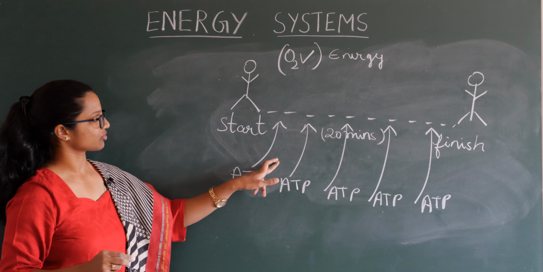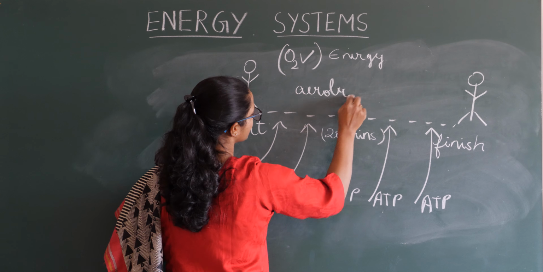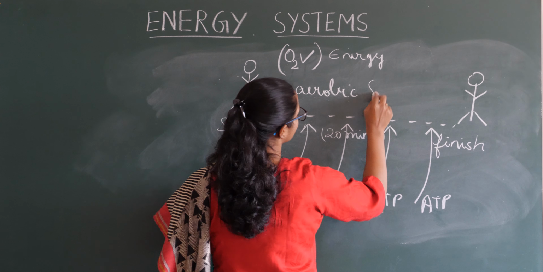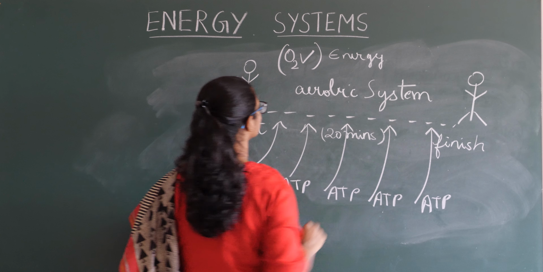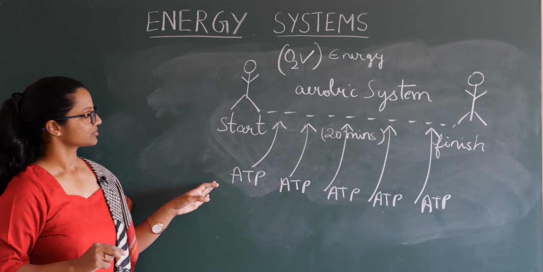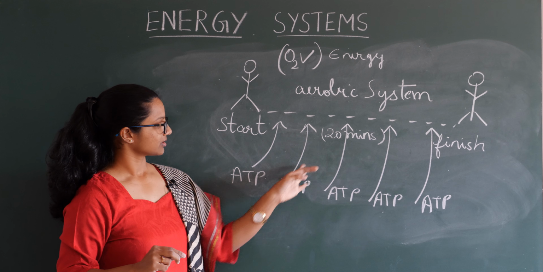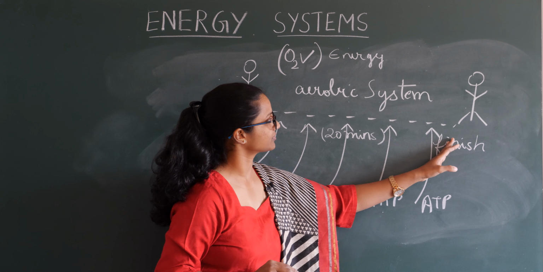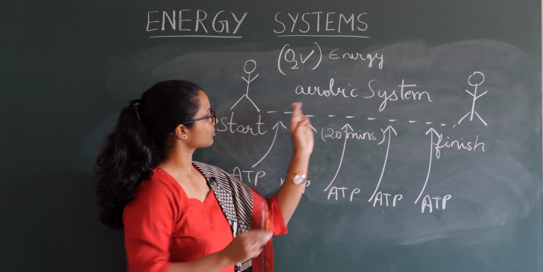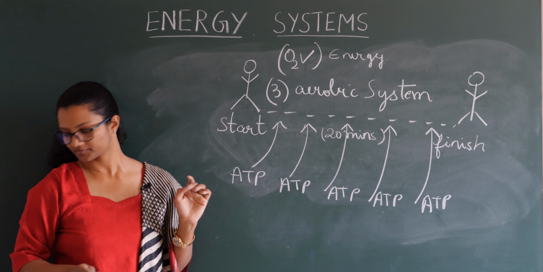And this is the aerobic system. Person is breathing continuously. So long duration activity, person is breathing, a lot of ATPs are produced continuously for that period of time. This is the aerobic system, the third energy system.